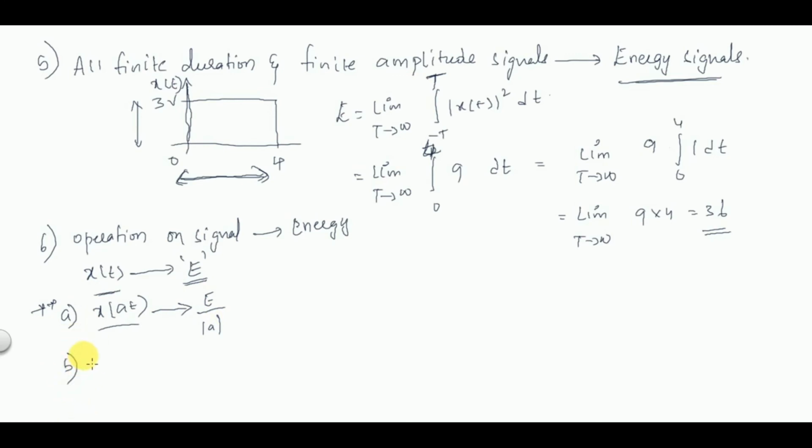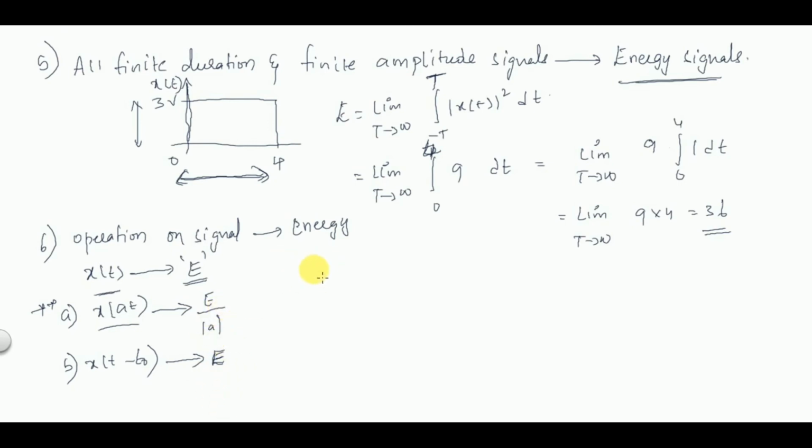Similarly, if you are given time shifting, x of t minus t naught, time shifting does not change the energy of the signal. Even if the signal is time shifted, it contains the same energy.